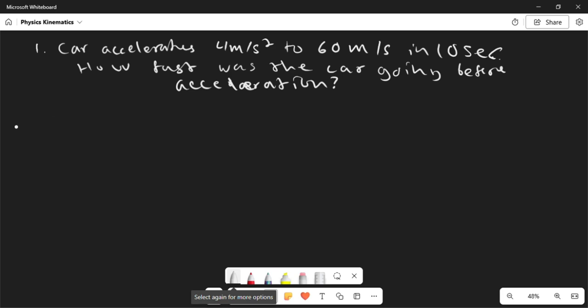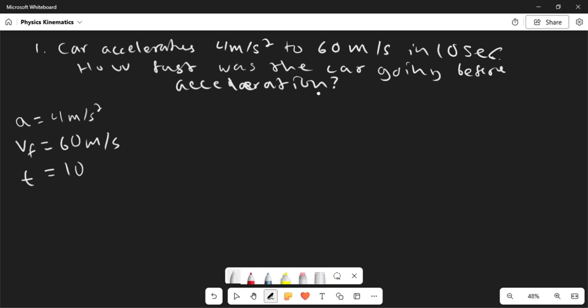We know our acceleration is 4 meters per second squared, and it's accelerating to 60 meters per second, so our velocity final is 60 meters per second, because that's the last velocity we know. Our time is 10 seconds, because it did all this in 10 seconds.